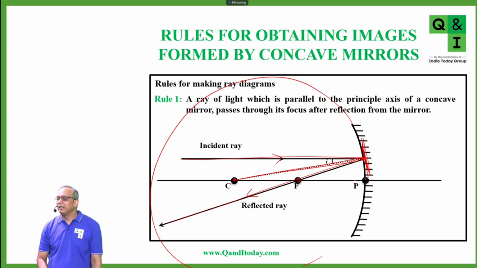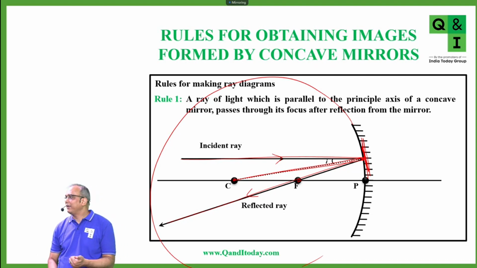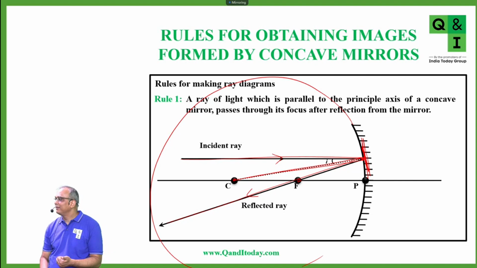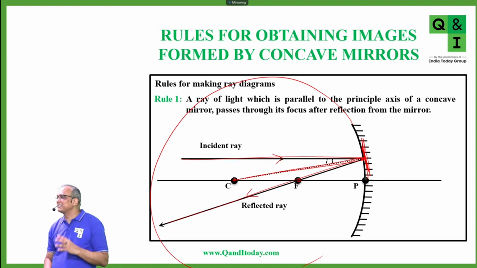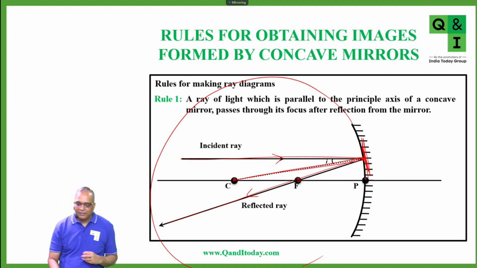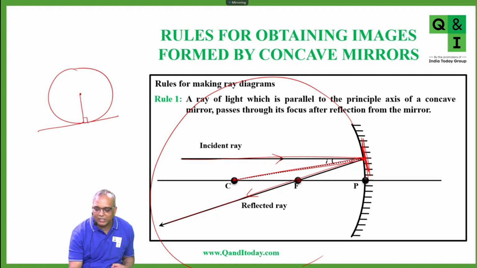You would have studied all of this in class 9th circles chapter. The normal is perpendicular to the tangent in case of a circle. Whenever you have a circle, when you draw a radius here, this will be perpendicular to the tangent.